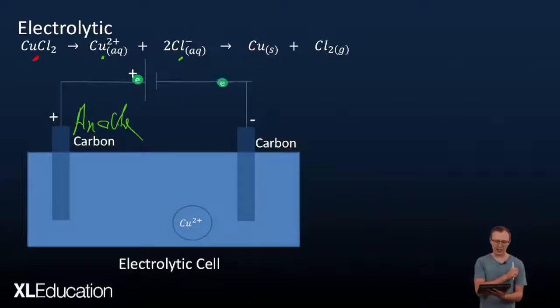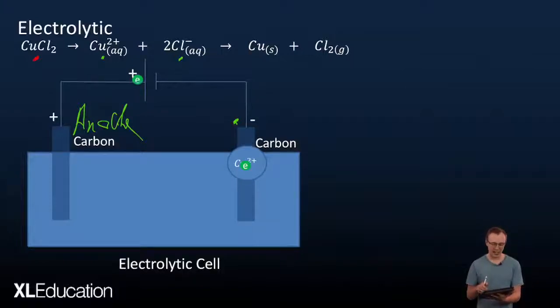Then at the negative terminal of the battery, we get electrons that are produced, and those go towards this electrode here. Now, that electrode attracts the copper ions that are in the solution. So those go onto the electrode and join with those surplus electrons, and that forms copper solid.